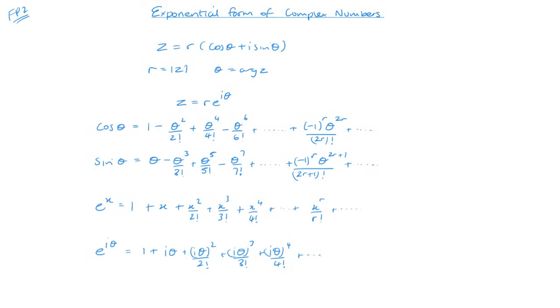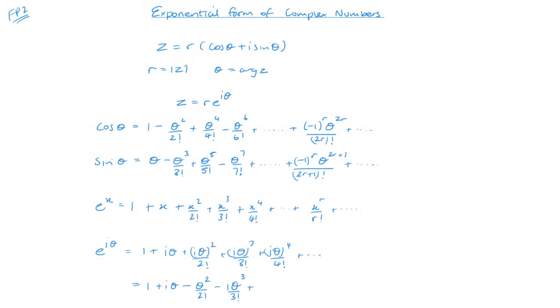Now, when I simplify this, I've got 1 plus i theta. Now, i squared is going to be minus 1, isn't it? So this is now minus theta squared over 2 factorial, minus i theta cubed over 3 factorial.